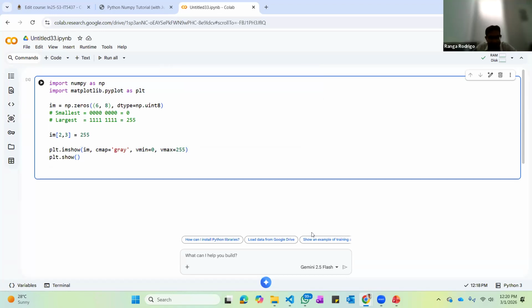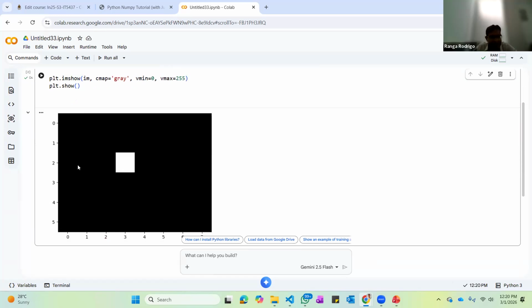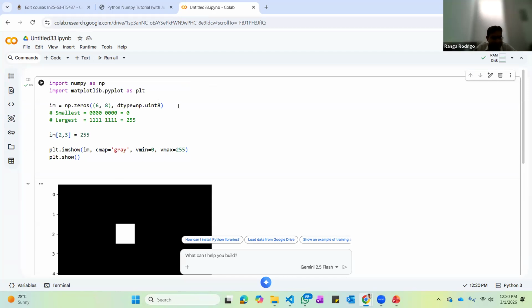Now if I run this, I'll hopefully be able to see an image. You can see the row 2 and column 3, counting from 0, is white. That's 1 pixel. This image is a 6 times 8 image, that is altogether 48 pixels.